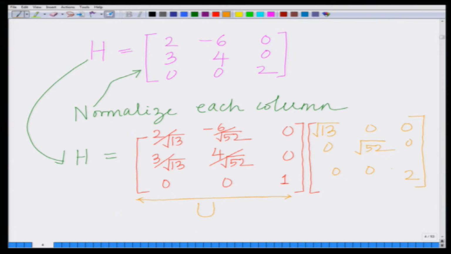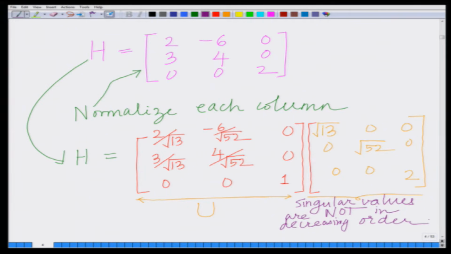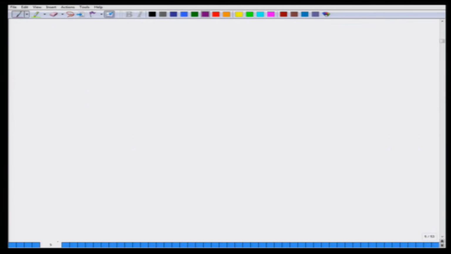So, here the problem is that the singular values are not in decreasing order. Therefore, I can rewrite this now as, so let me write this once more.